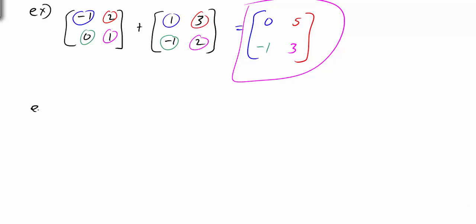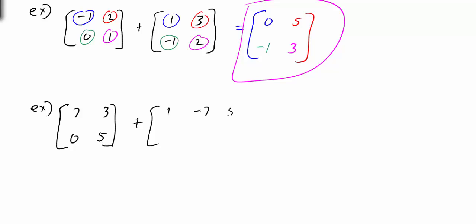So if we look at the next example, let's say that we have 7, 3, 0, 5, and we're going to add this to 1, negative 7, 5, 0, 4, 9, negative 8, 3, and 2.